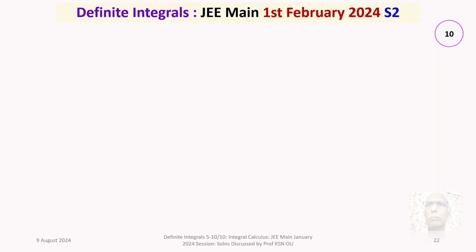This question has appeared in the JEE Main exam held on 1st February 2024 in the second shift. Let f be a function from the open interval 0 to infinity to the set of real numbers, and capital F of x is defined as integral 0 to x of t f of t dt, small f of t dt.